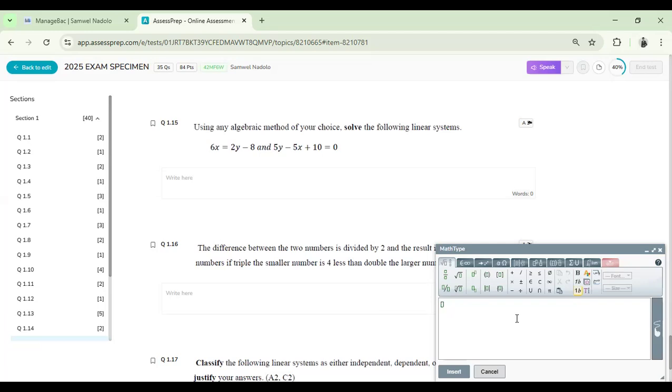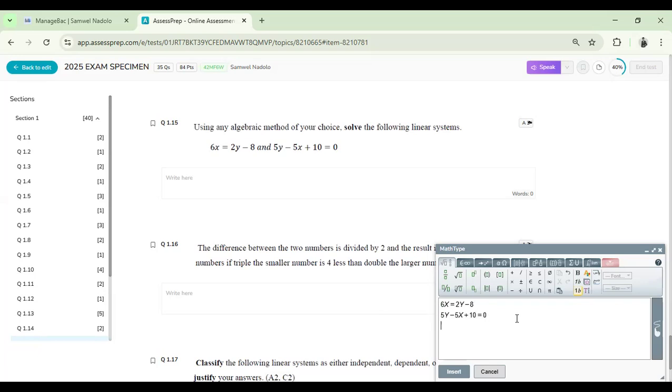So I'll choose to use substitution. Then I'll write my two equations down. 6x is equal to 2y minus 8. And then the other equation is 5y minus 5x plus 10 is equal to 0.